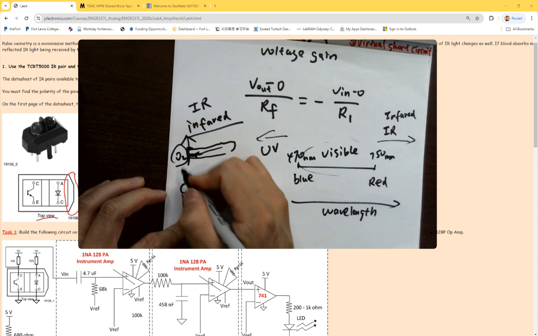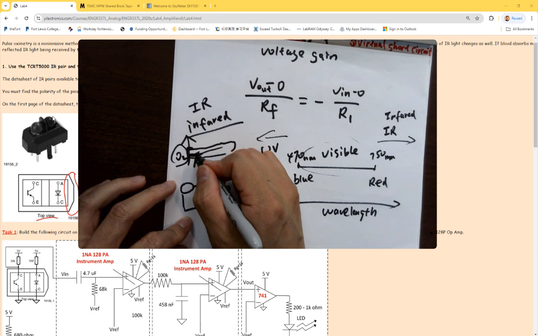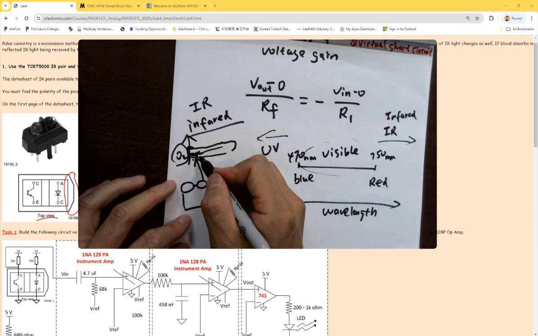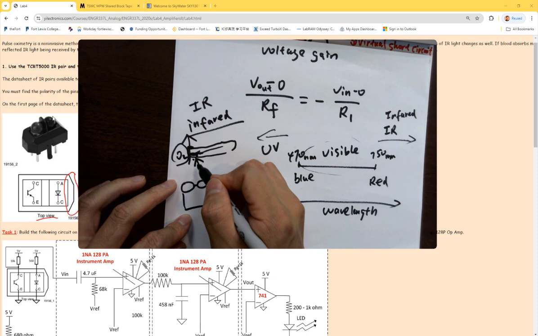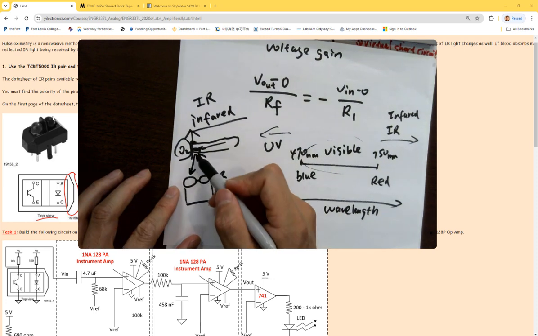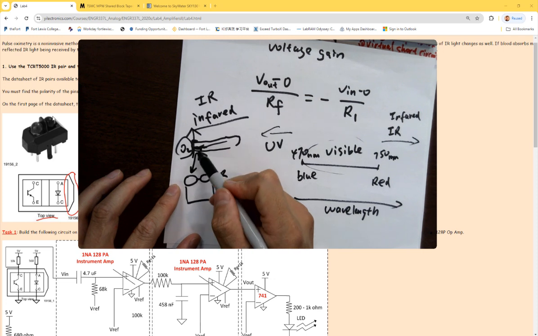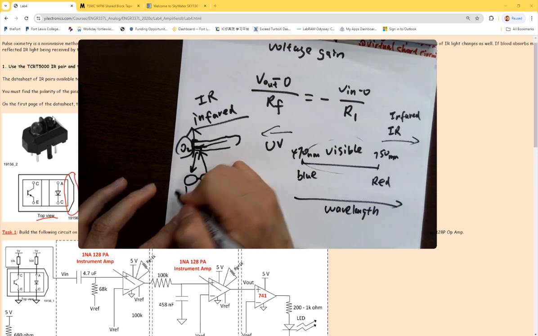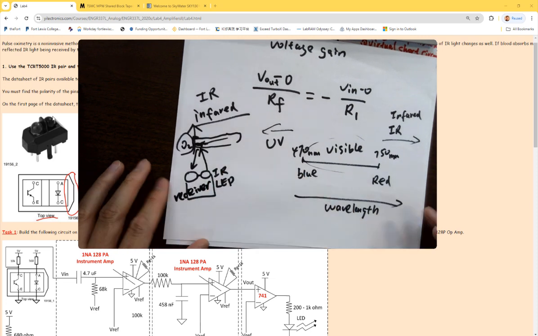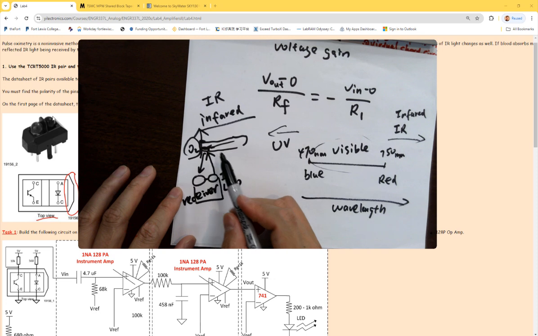It's emitting, so it's sending an IR signal to the blood in your fingertip, and if oxygen absorbs a certain amount of the IR light, only the unabsorbed IR is reflected back from your fingertip to the receiver. So you're able to detect the frequency of your heartbeat as well.